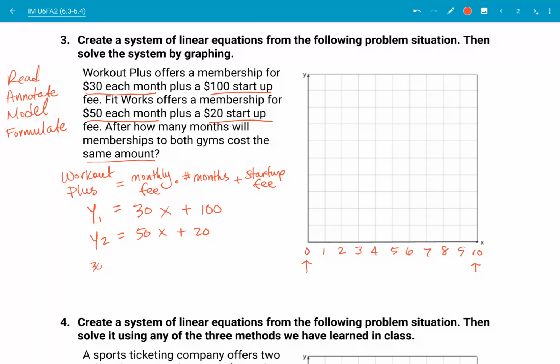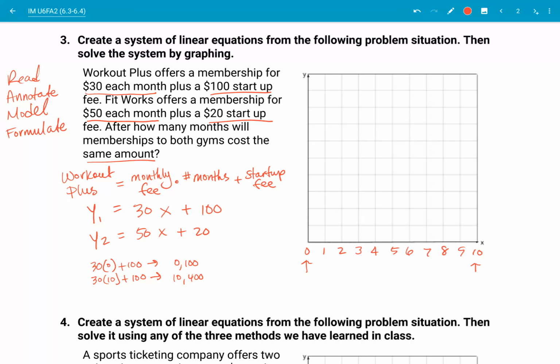So if I plug in 30 times 0 plus 100, this gives me a point at 0, 100. And if I plug in 10, 30 times 10 plus 100, 30 times 10 is 300, plus 100 is 400. This gives me a point at 10, 400.